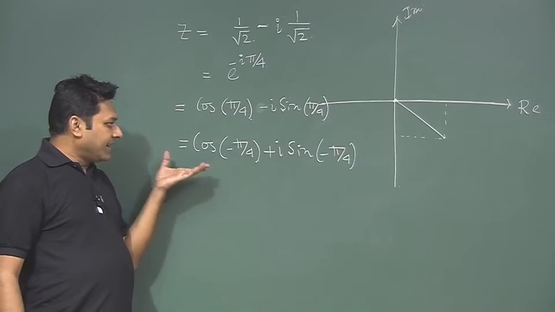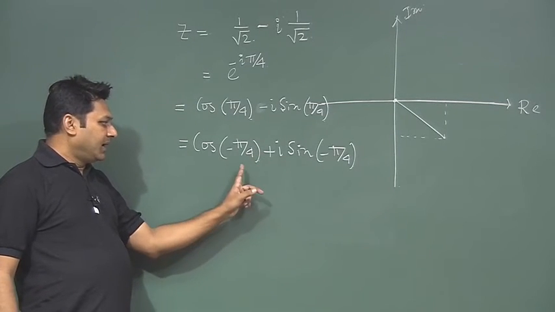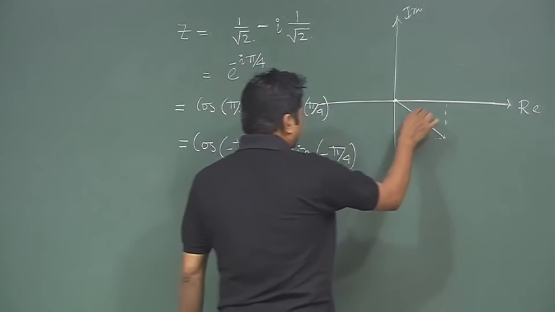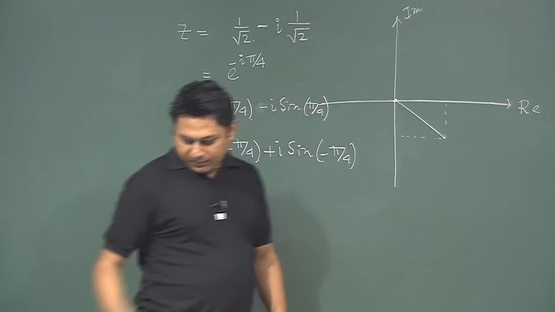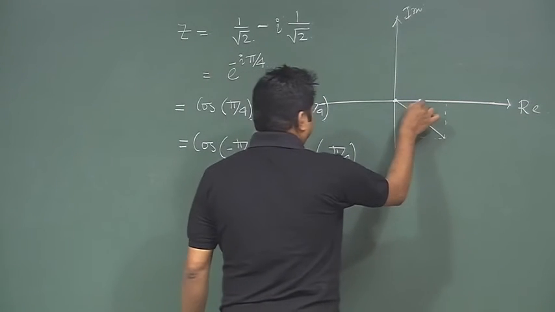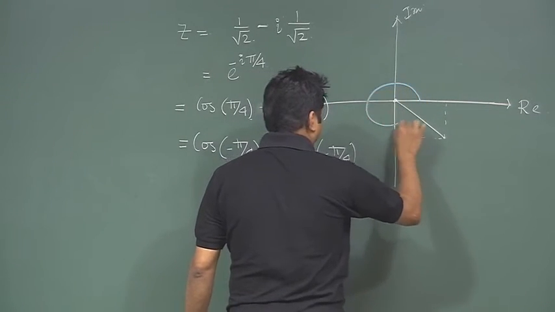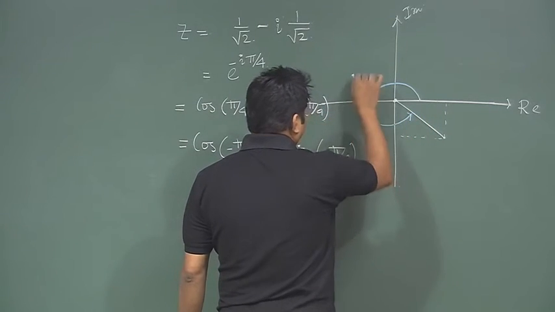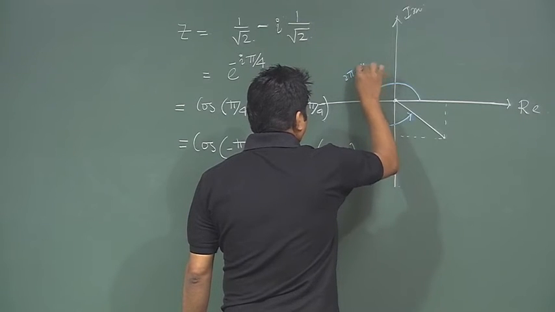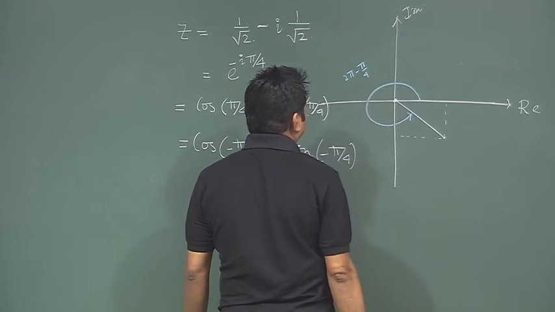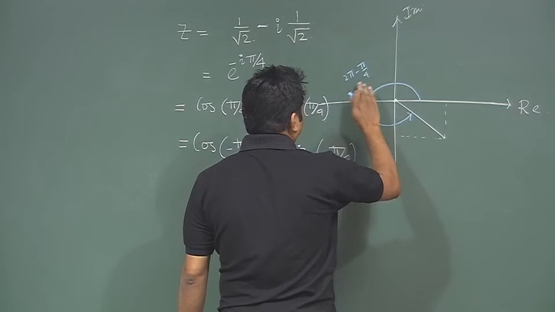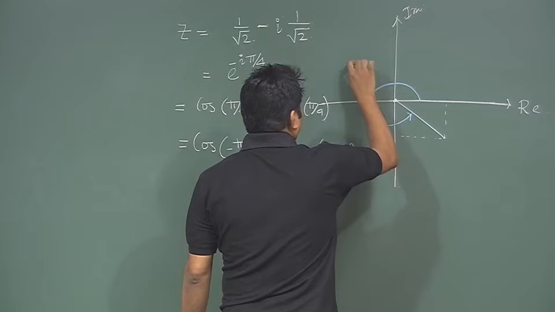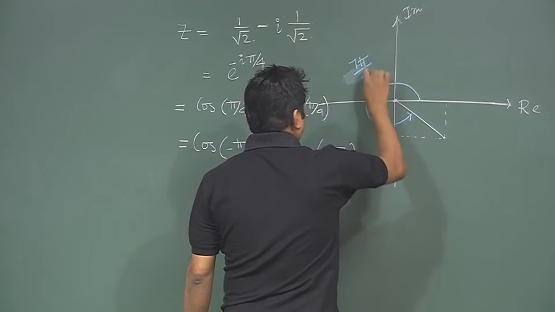Why am I writing this equation in this form? So that we understand that whatever theta I am taking is the principal value, because here you can have this angle in two ways. First is this angle, which is 2 pi minus pi by 4, so it is 7 pi by 4.